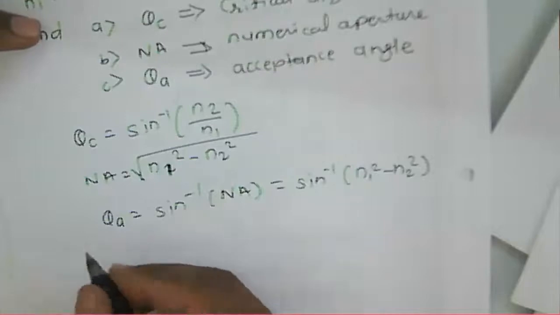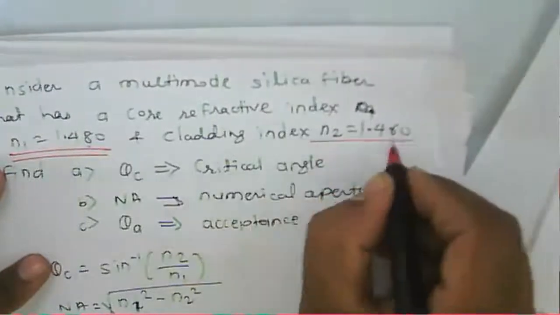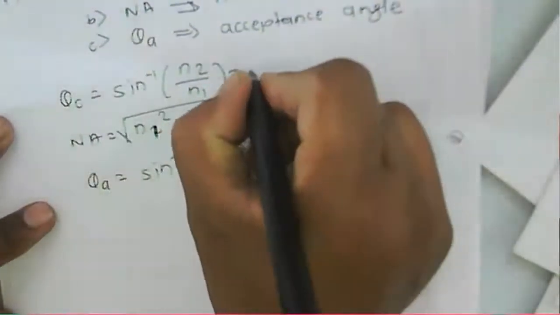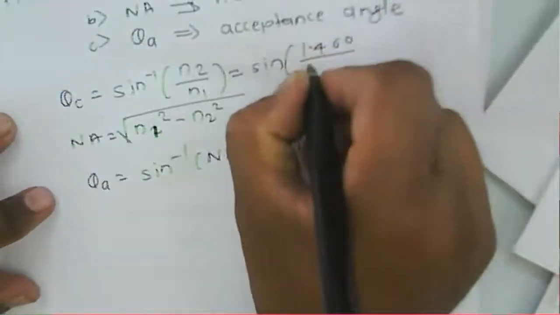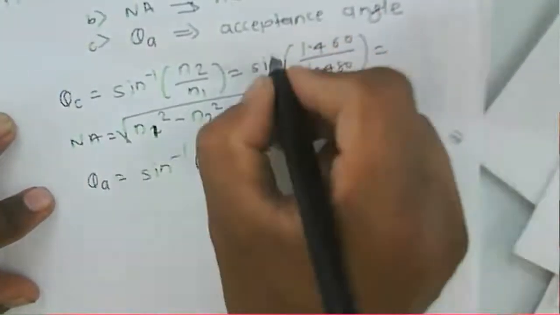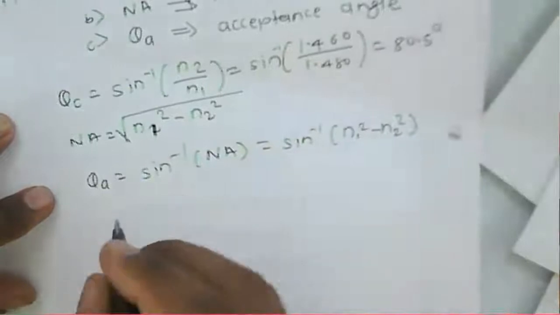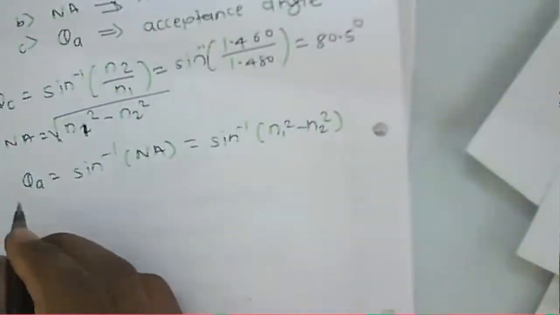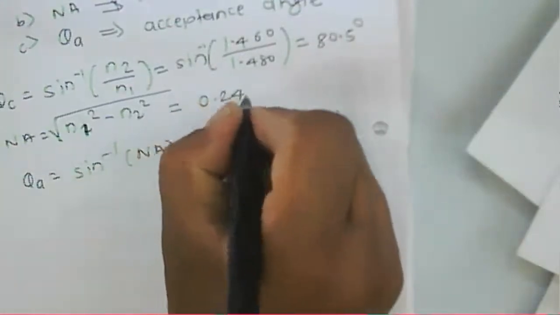If you put the values here, n1 is given as 1.480 and n2 is given as 1.460. So sine inverse of 1.460 divided by 1.480, if you solve it, you'll get 80.5 degrees.